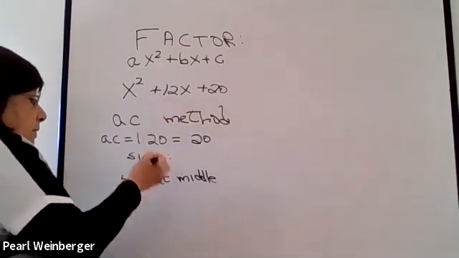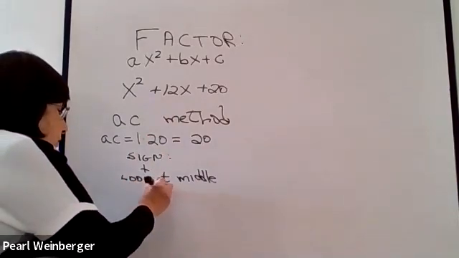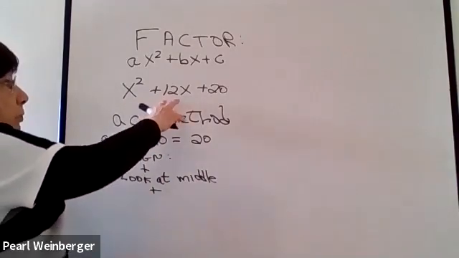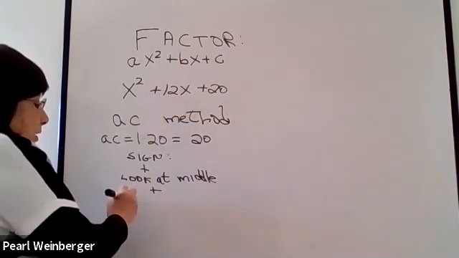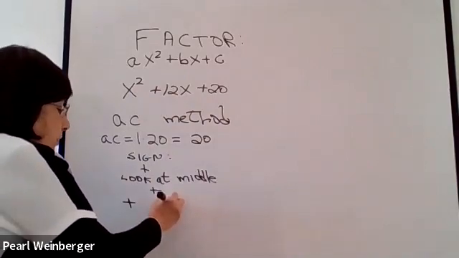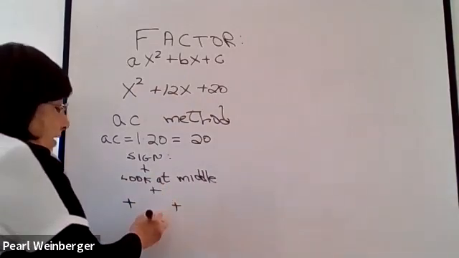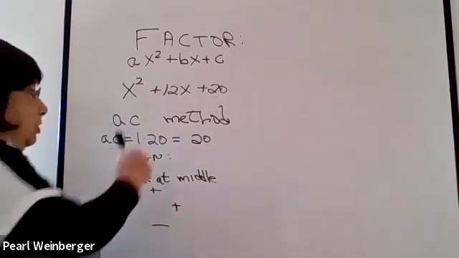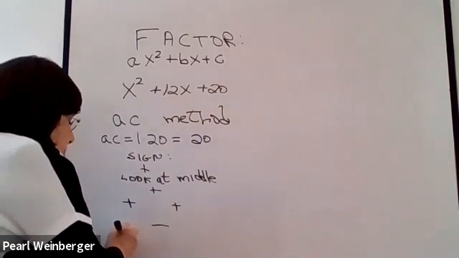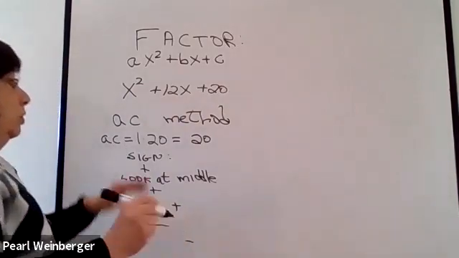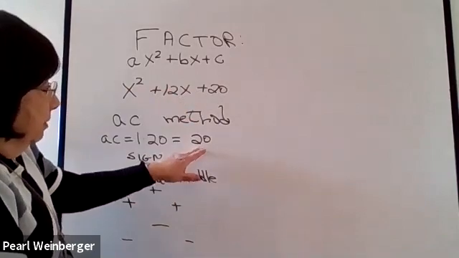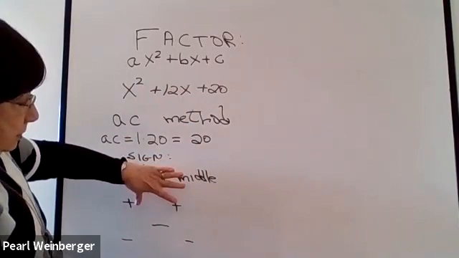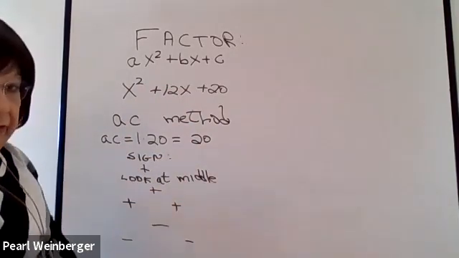In this case, the middle sign is also positive. In that case, remember, we're breaking this up into two numbers. It's going to be broken up into two positive numbers. If the sign in the middle is negative, then we're going to break up this number into two negative numbers. So when the sign of my AC is positive, I'm either going to be looking for two positive numbers or two negative numbers.